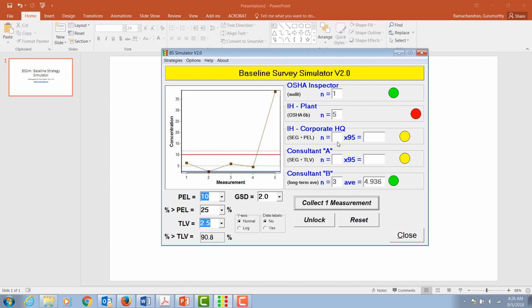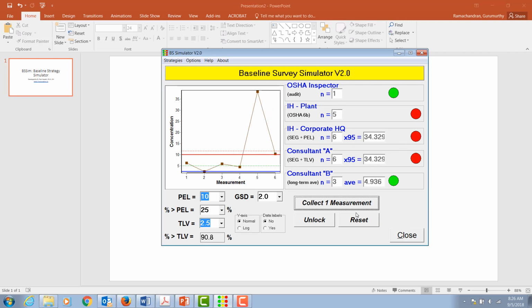We take a 4th measurement and a 5th measurement. Now you can see that the plant manager, who is saying we need to take 1 or more measurements from each worker and then compare each measurement against the OEL, now has 1 measurement exceeding the OEL, so the IH plant has declared that this is an unacceptable scenario.